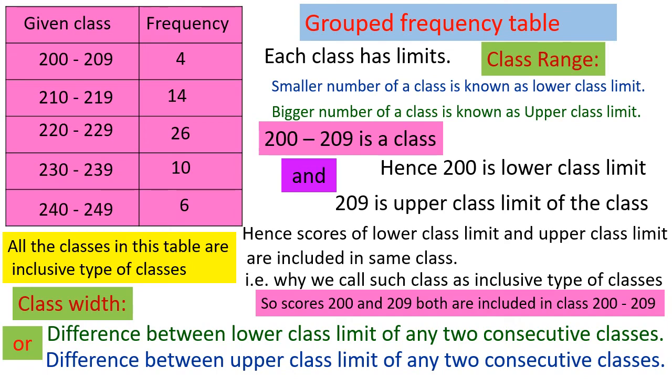So we find the class width by finding the difference between the two lower class limits of two consecutive classes, or the difference between the two upper class limits of two consecutive classes, and it is also called the class range. So what is the class range of each class? 10.